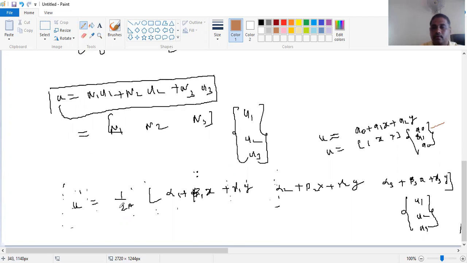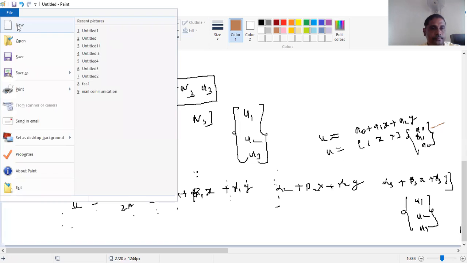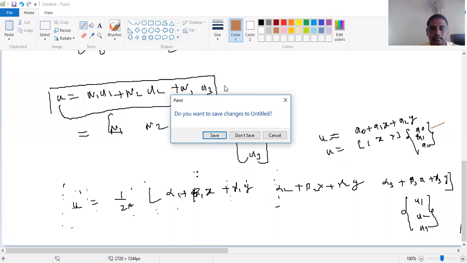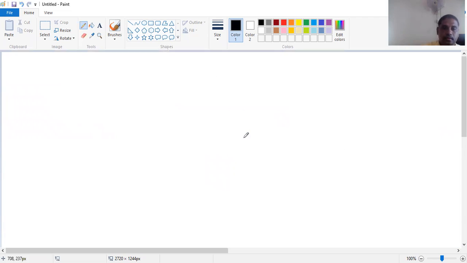So what can we infer from this? We can write the same function.